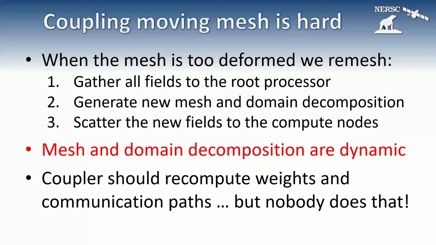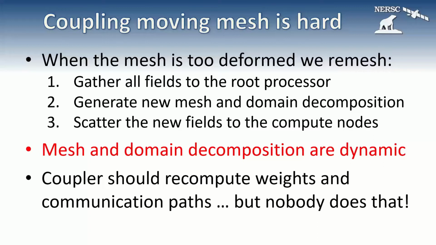The reason is that these tools, the mesh generators and domain decomposition tools, are not really capable of creating a new mesh on the separate compute nodes. Gathering everything to the root, doing things there, and scattering again is tractable without a huge investment.